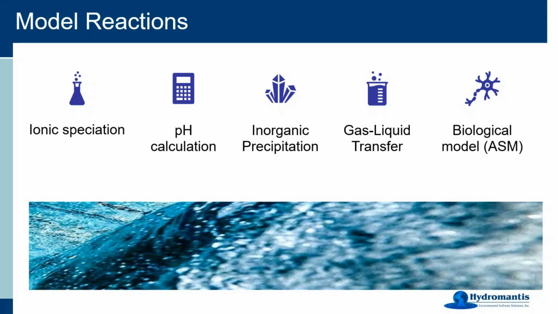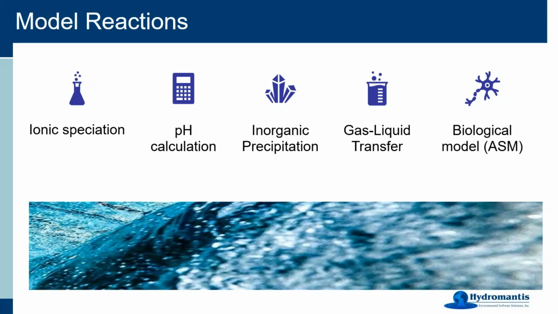Inorganic precipitation is modeled with respect to certain precipitates, and we utilize the principles of solubility product and some kinetic expressions to make it more dynamic in nature. That's the way we estimate inorganic precipitation in our system. Gas liquid transfer: sometimes, for example, if you have places where you're stripping CO2 or transferring oxygen into the system, we take into account all of those gas liquid transfer processes in this model.